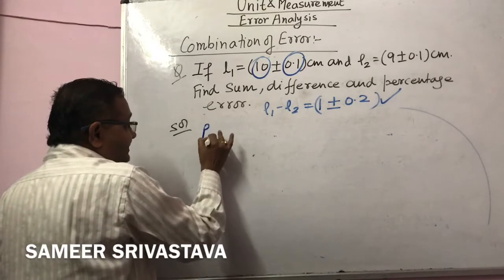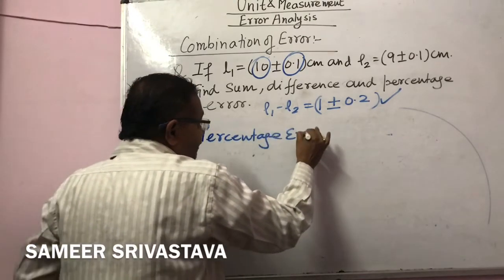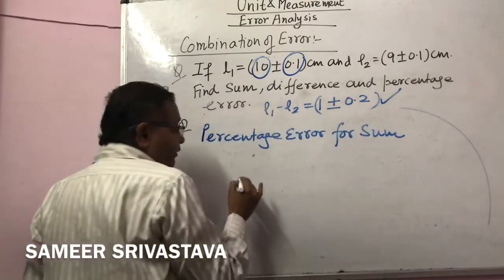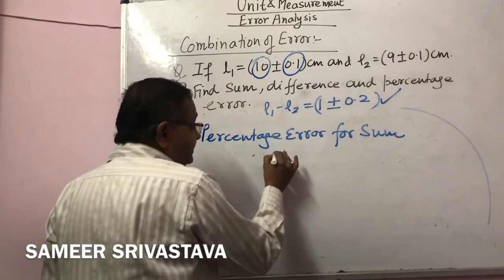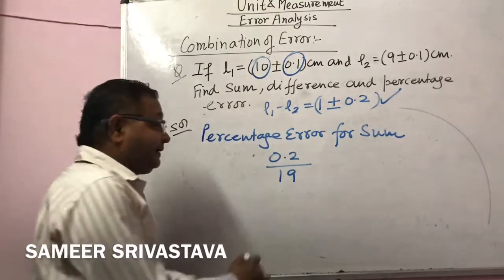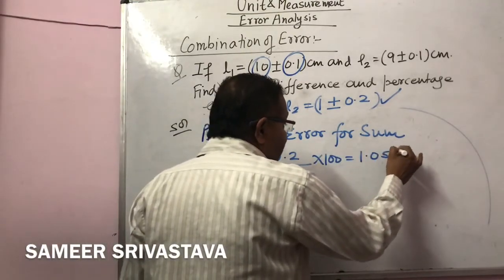So for the percentage error, for the case of sum. What about the percentage error for the sum? The value is 0.2 upon 19 multiplied by 100. This is 1.05%.